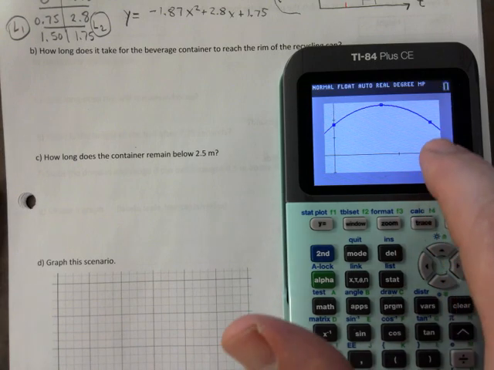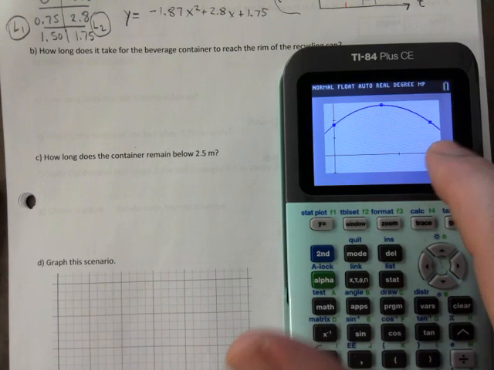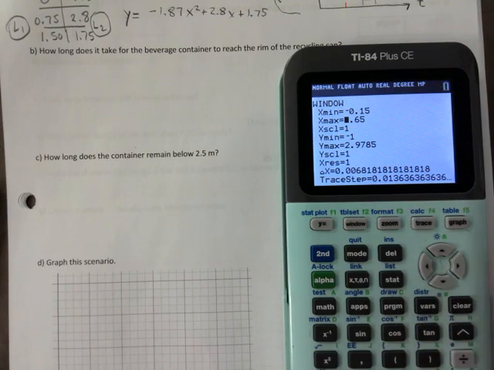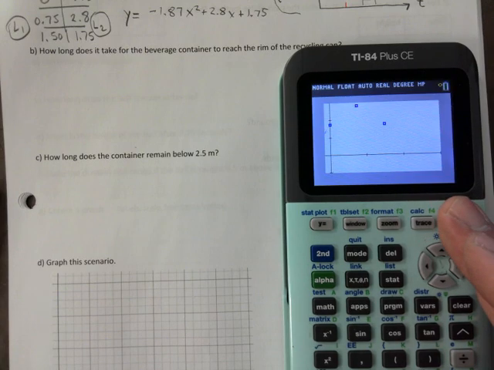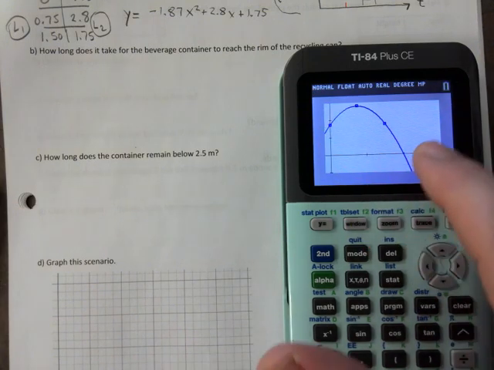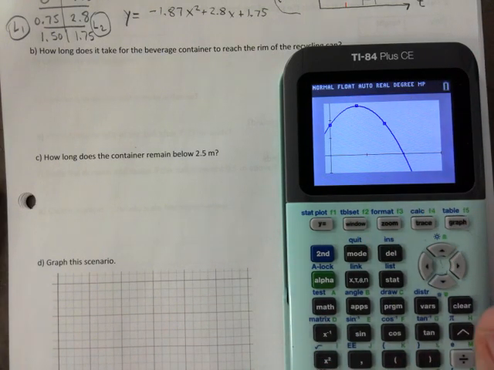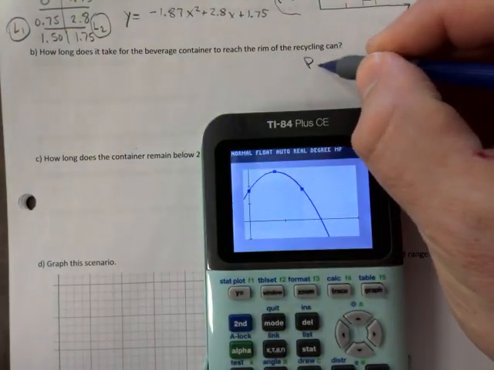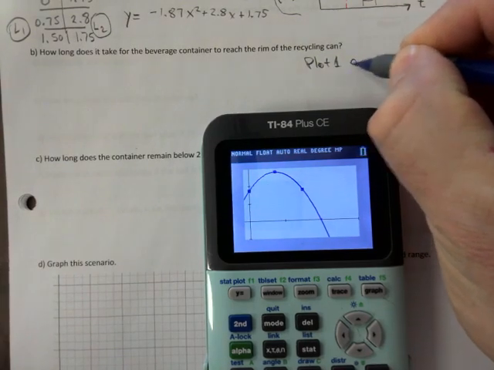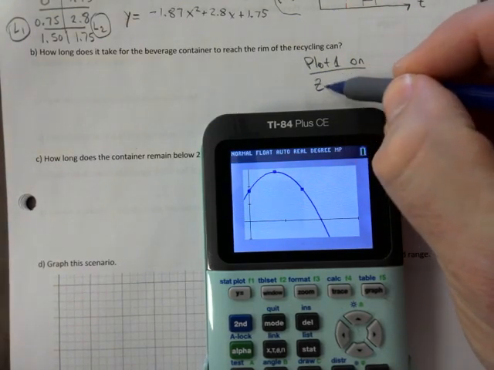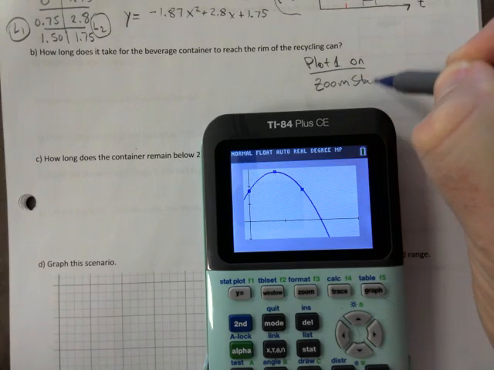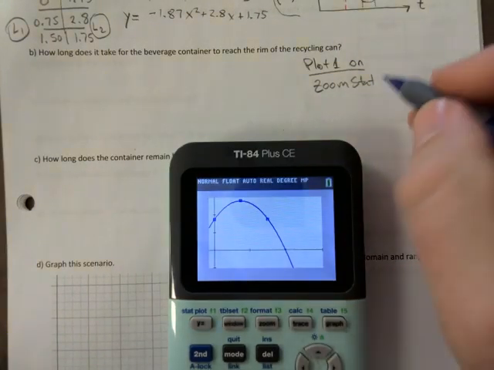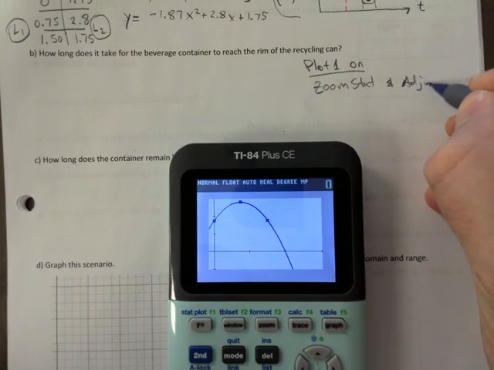Pretty good graph. I want to increase my x max, so I'm going to go window, x max. I don't know, I'm going to go 3. That's a pretty good graph right there. It shows the first quadrant. That's what you want. Okay. So I will say this: plot 1 on, zoom stat, and then adjust window.